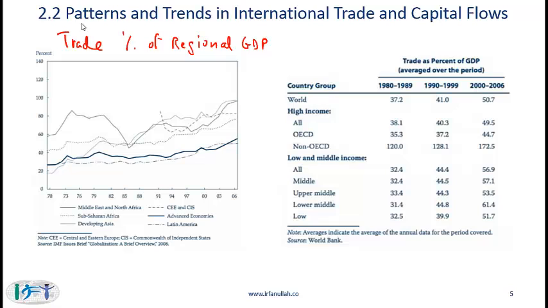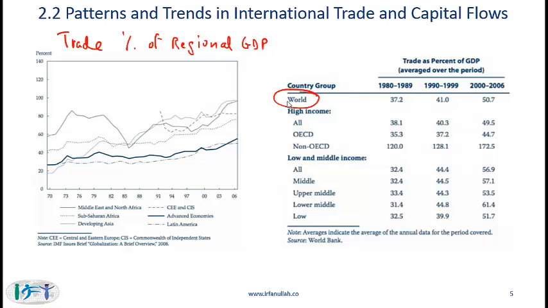Section 2.2 talks about patterns and trends in international trade and capital flows. The curriculum says a fair amount in this section, but I will summarize the main point, which is that over the last few decades, trade or global trade has increased substantially.